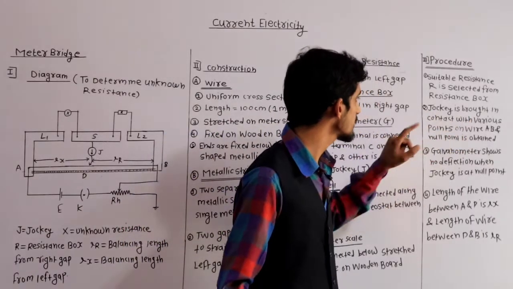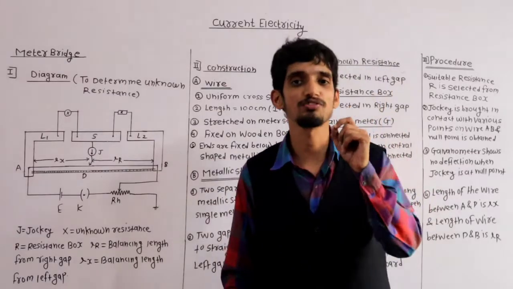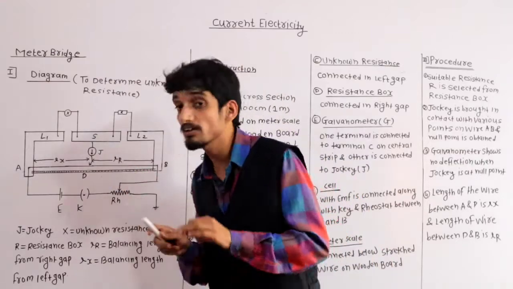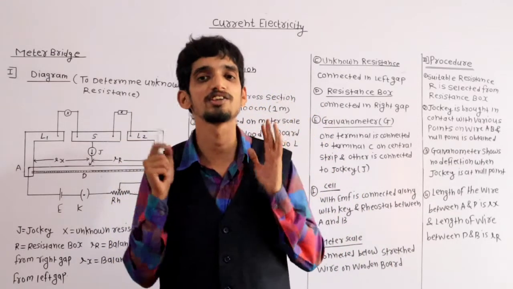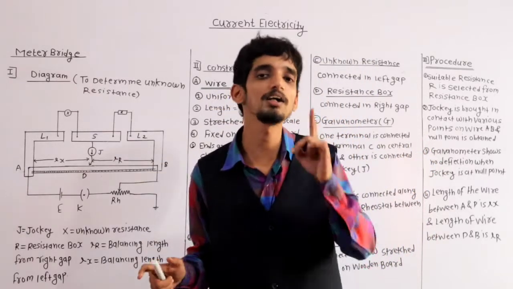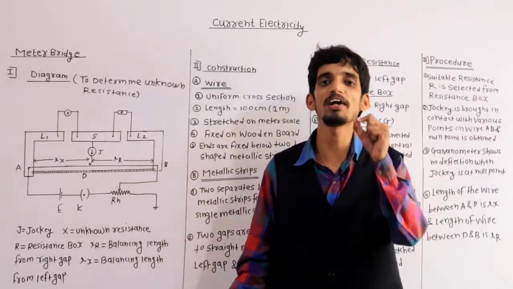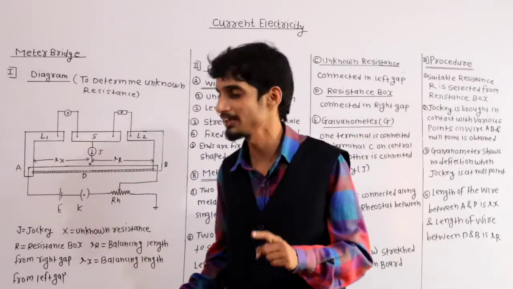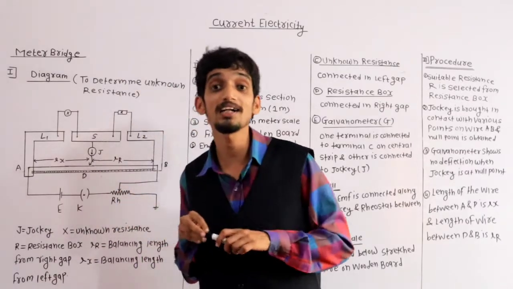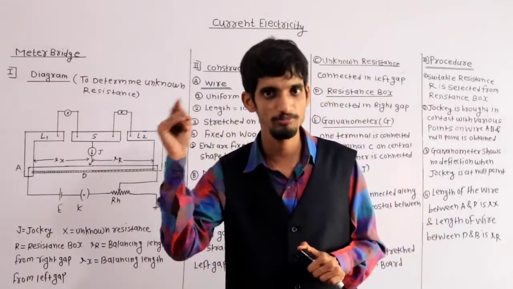Now you place the jockey at different points on the wire, and you have to search for the point on this particular wire for which the galvanometer does not show any deflection. Galvanometer does not show any deflection means current flowing through that galvanometer is 0. Now if current flowing through the galvanometer is 0, it means this point S and this point D both are at the same potential, as I already discussed with you in the Wheatstone bridge.